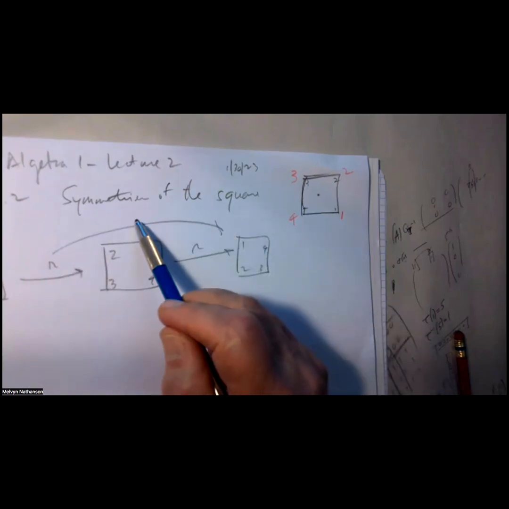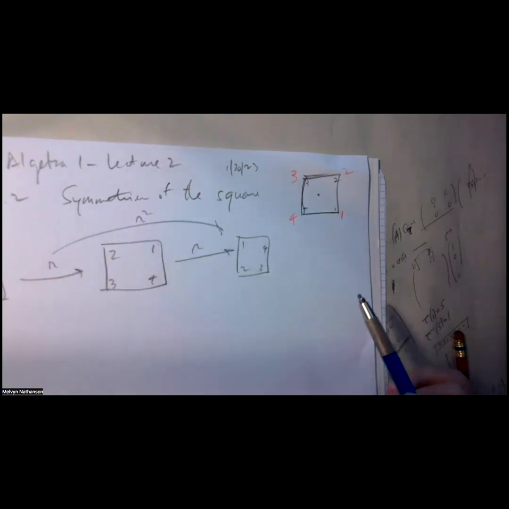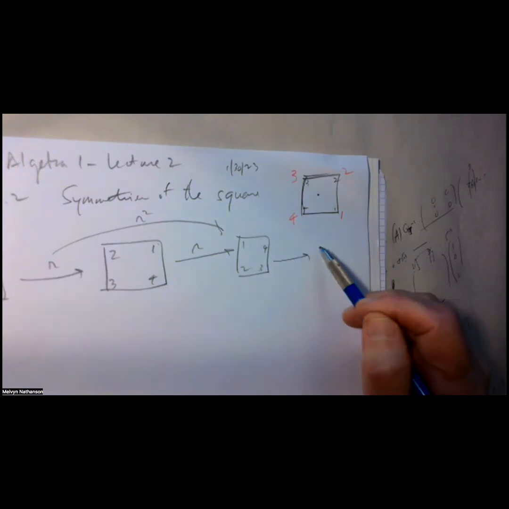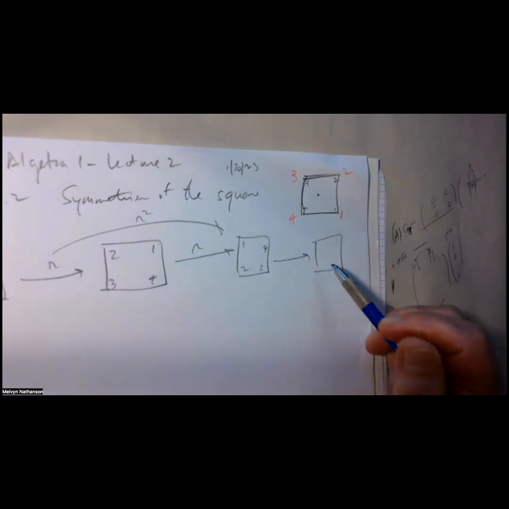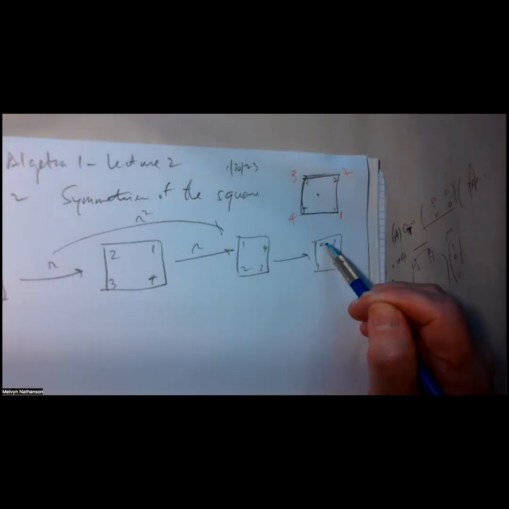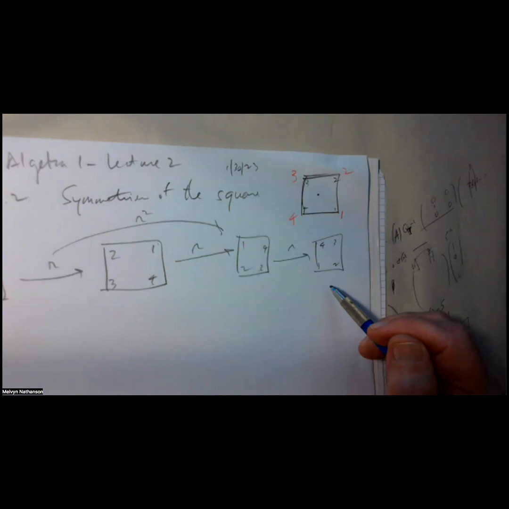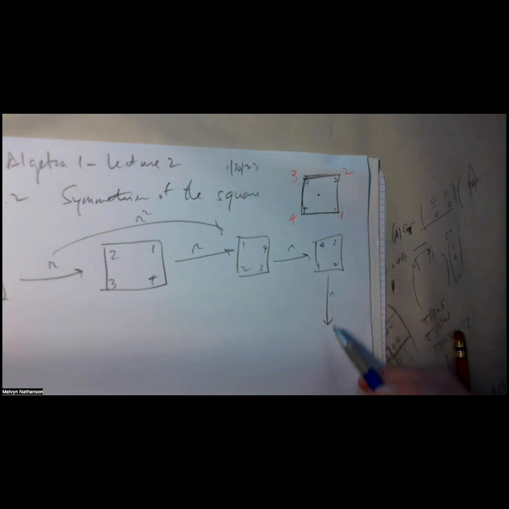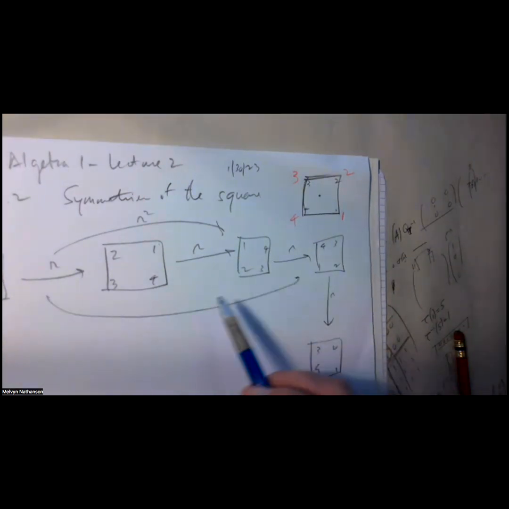And the effect of doing it twice, that's r squared. That just means r followed by r. If we rotate it a third time, 1 is down here, 2, 3, 4. And if we rotate it a fourth time, 1, 2, 3, 4. So this is r cubed.